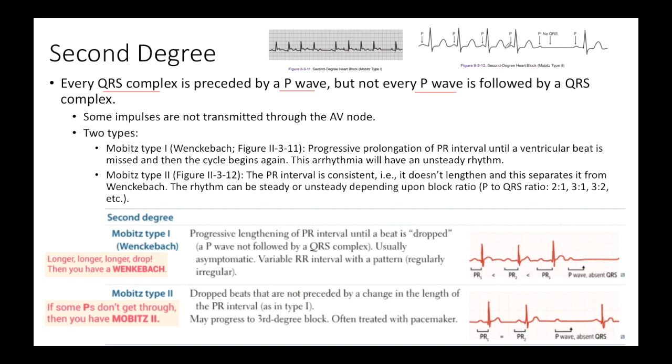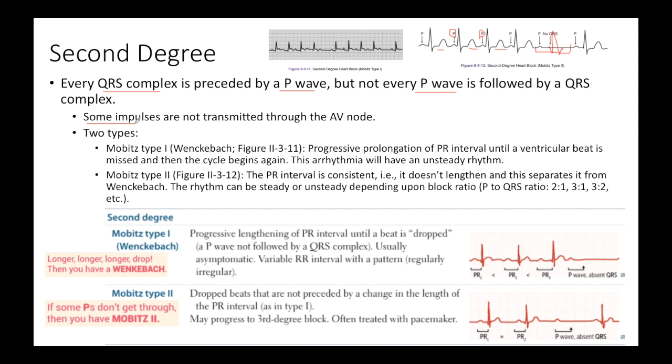So here we have a P wave but no QRS, this guy occurring here, but where there are QRS waves going on, there is a P wave occurring before it. What this basically is telling us is that some impulses are not transmitted through the AV node. It's not making it all the way through.